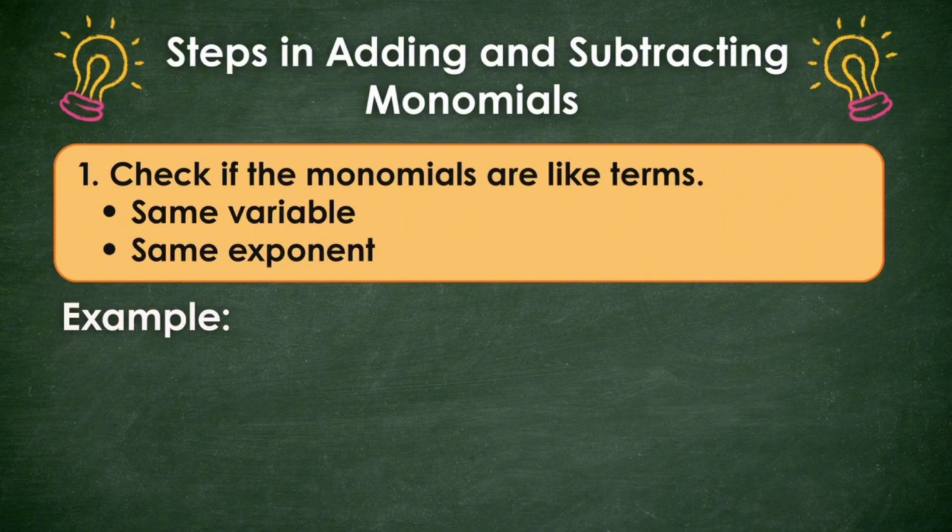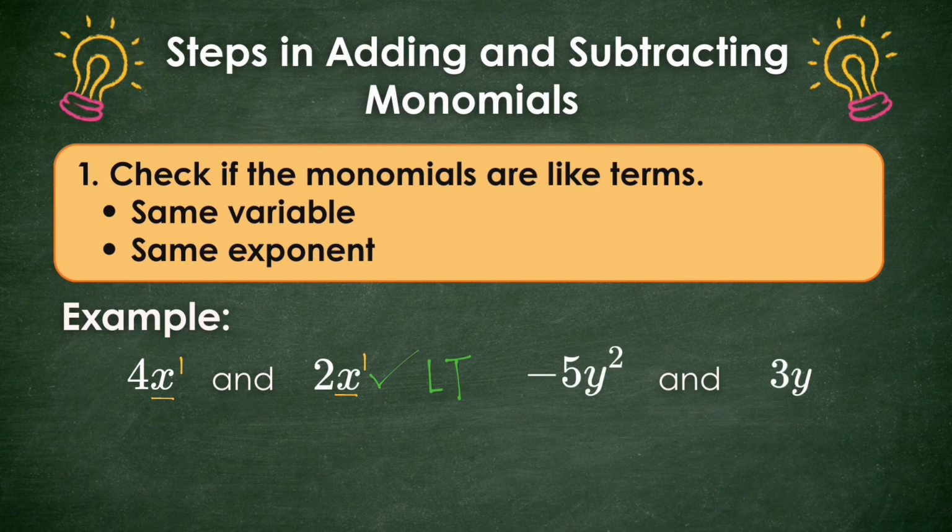Let's look at some examples to practice identifying like terms. 4x and 2x. Are they like terms? Yes. Both have the variable x, and both are raised to the first power, so they are like terms.